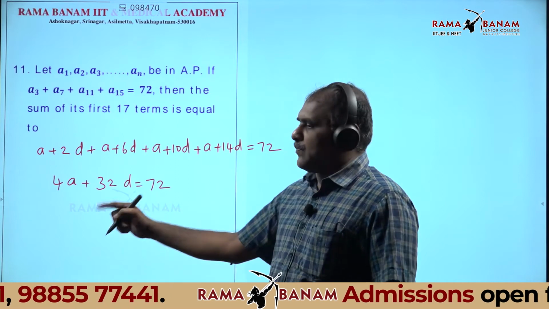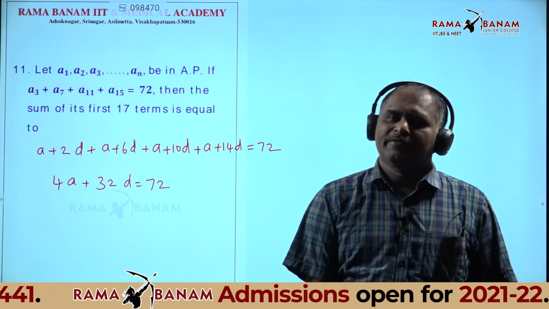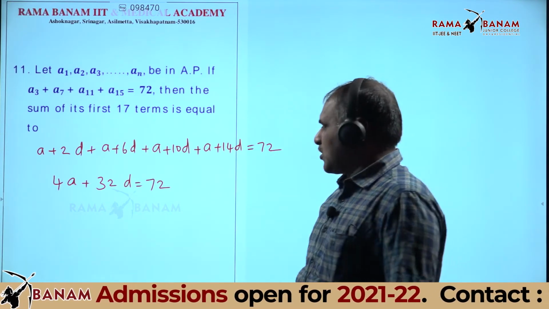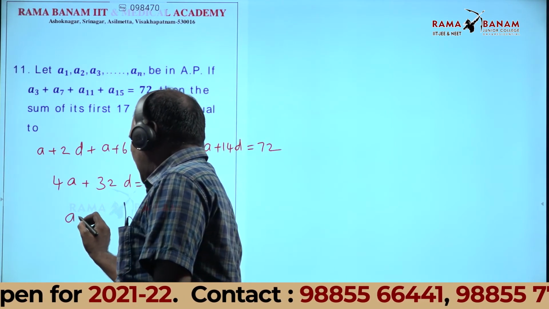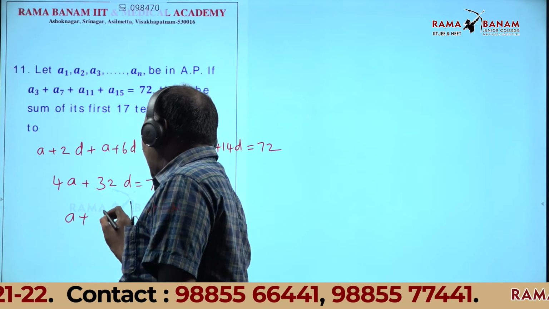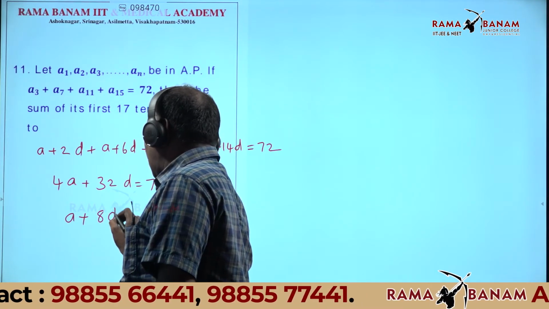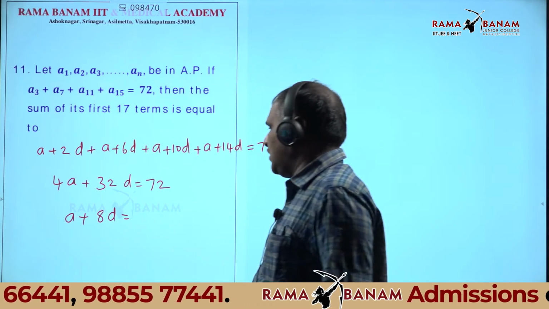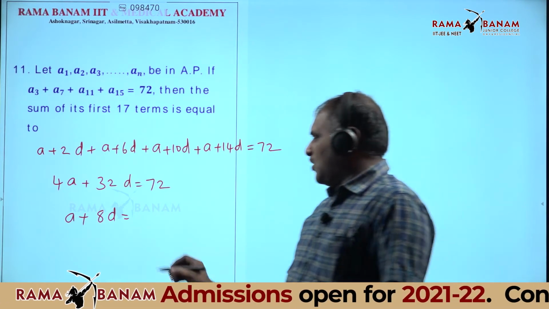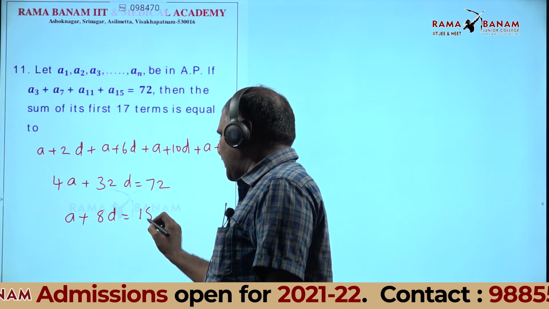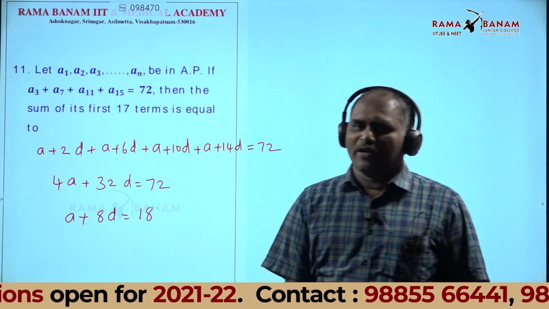What is common on the left hand side? 4 common, sir. 4 common, A plus 8D. 32 divided by 4, A plus 8D is equal to what is this value? Divide 72 by 4, 18 will be there. Do you understand?